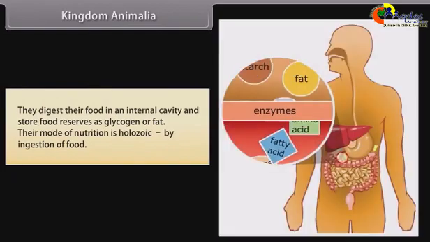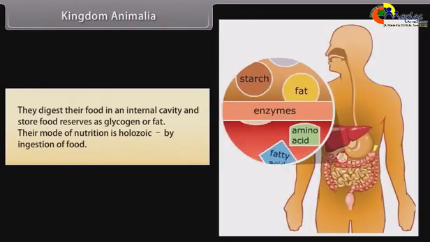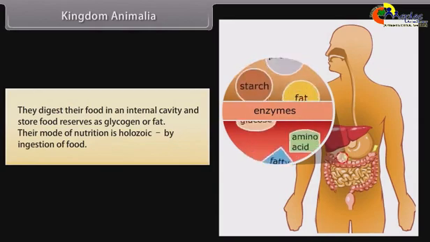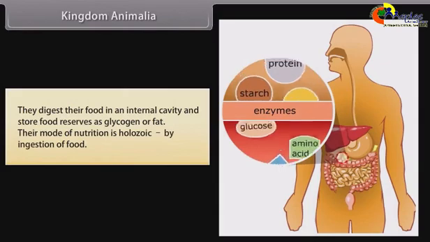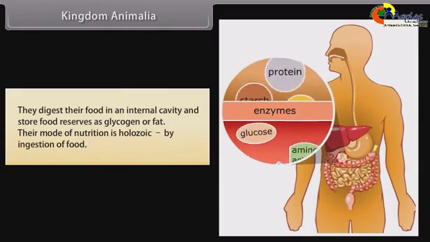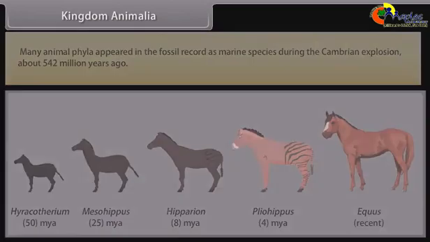They digest their food in an internal cavity and store food reserves as glycogen or fat. Their mode of nutrition is holozoic, by ingestion of food. Many animal phyla appeared in the fossil record as marine species during the Cambrian explosion, about 542 million years ago.